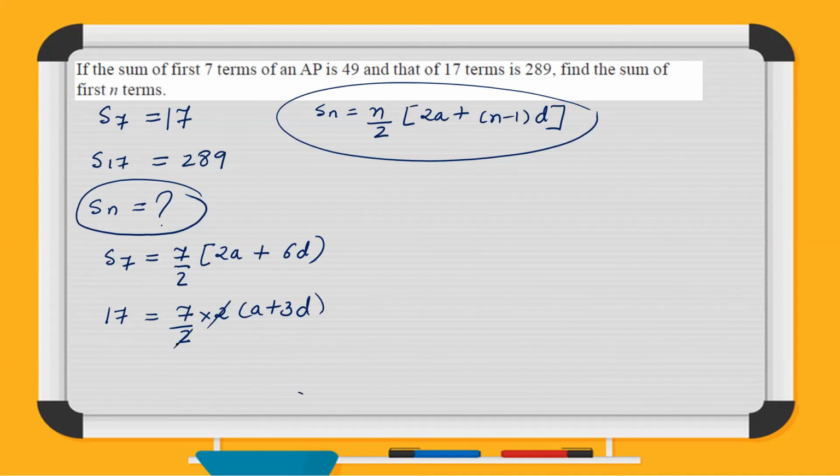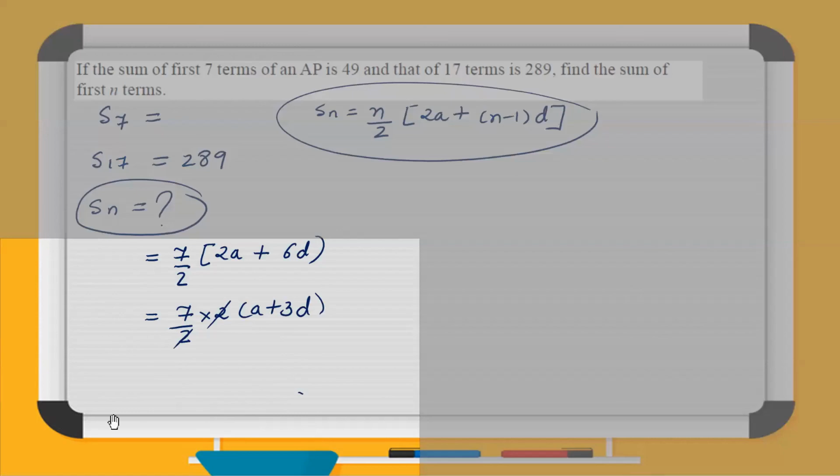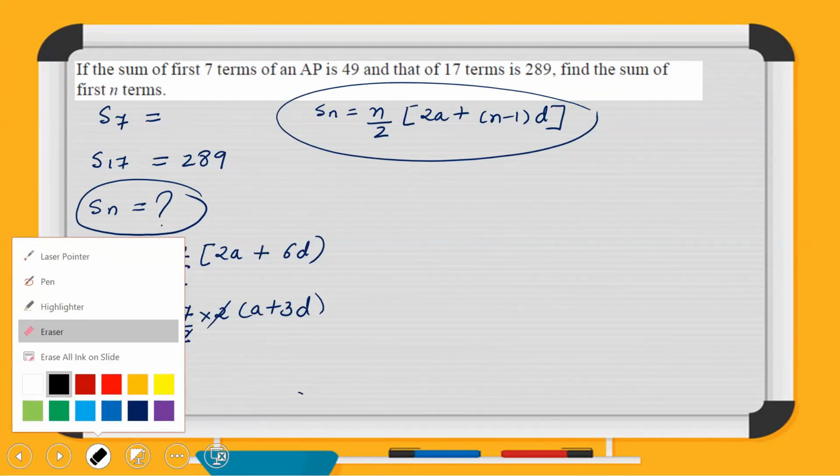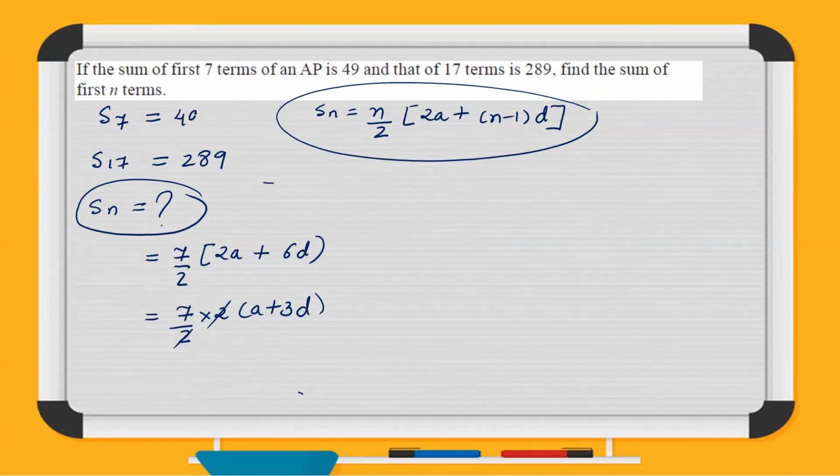So now we have a plus 3d, and 7 sevens are 49.